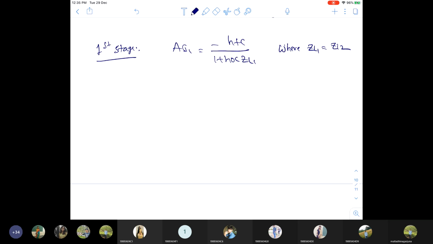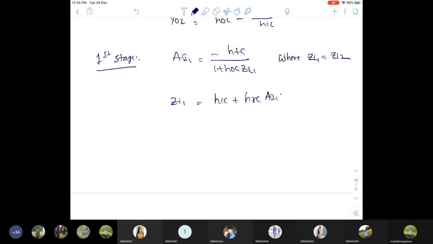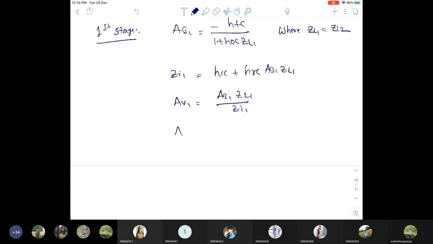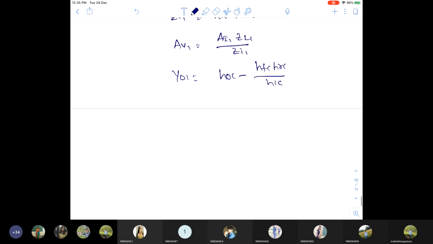Okay, so ZI1 equal to HIC plus HRC AI1 into ZL1, AV1 equal to AI1 into ZL1 by ZI1, YO1 equal to HOC minus HFC HRC by HIC.